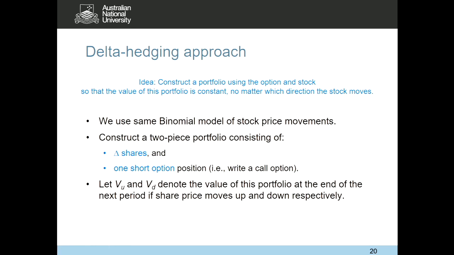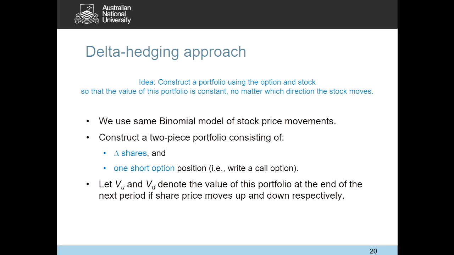Because if the share price increases above the strike price, and the holder of the call option exercises against you, you don't have to worry because you have delta amount of shares in place that are ready to be sold to the holder of the call option at the strike price X, right? You are fully hedged because you have prepared yourself for the scenario that the holder of the call option will exercise against you. Does that make sense?